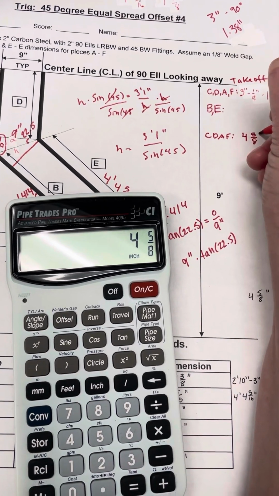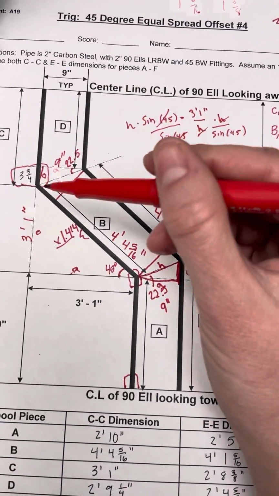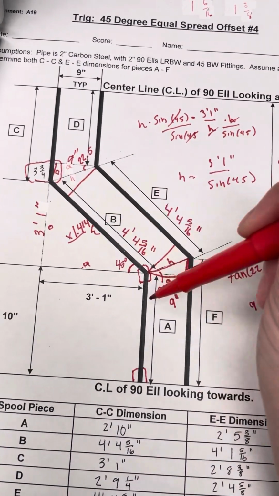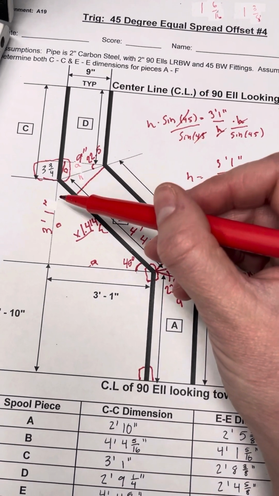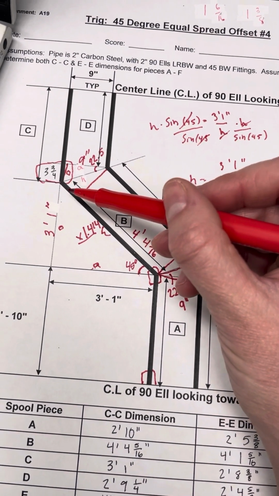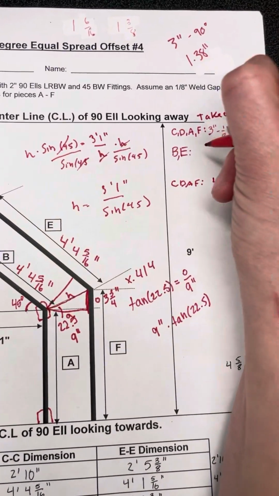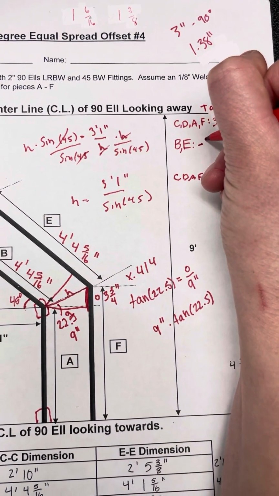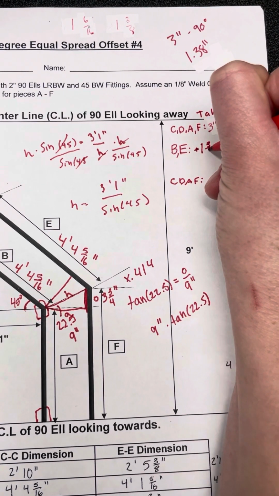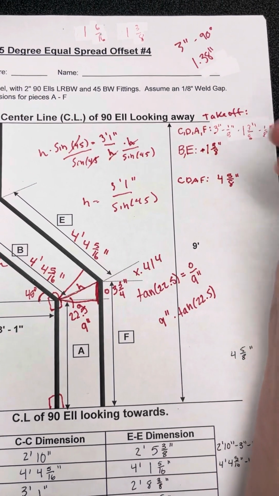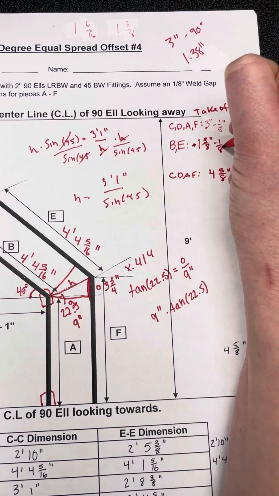That's actually quite a bit, right? And then for B and E, these are slightly different because we're connecting a 45 here and a 45 here. So at the top end, we have to take off 1 3/8 inches for this elbow here, plus a 1/8 inch weld gap.